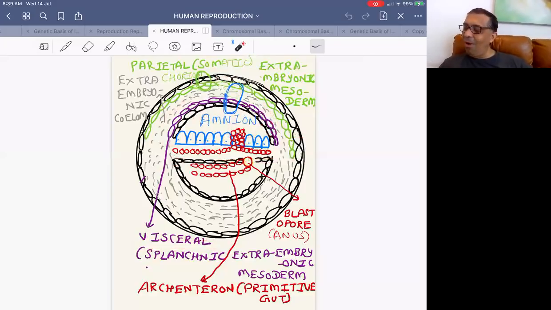And this amnion we are seeing is lining the amniotic cavity. Amniotic cavity को amnion line कर रहा है.